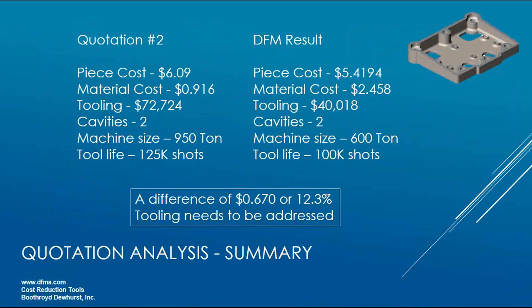They chose to make this on a 950-ton press, and our software has calculated that the press force required would be a 600-ton press would be sufficient to make that. So maybe this supplier doesn't have that size press, or this 950-ton press is the one that's going to be available, and so maybe there's a little bit of wiggle room there. But without having a lot of detail surrounding it, it's hard for me to get into those discussions with them.